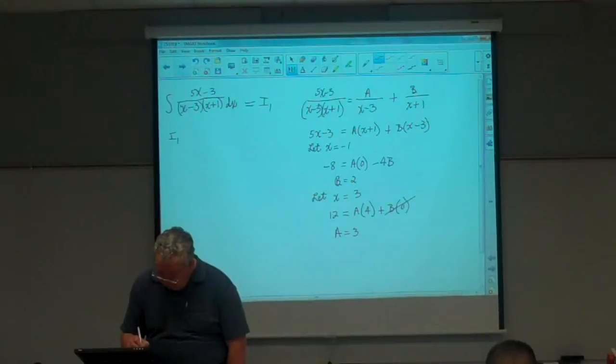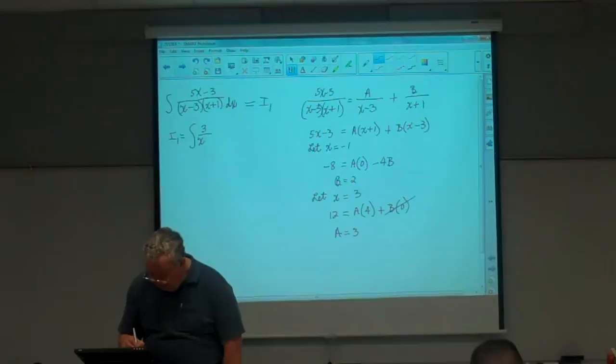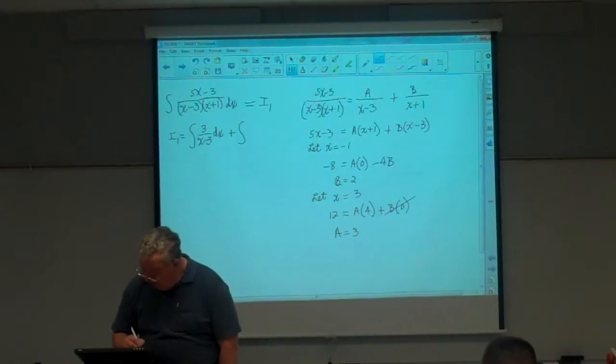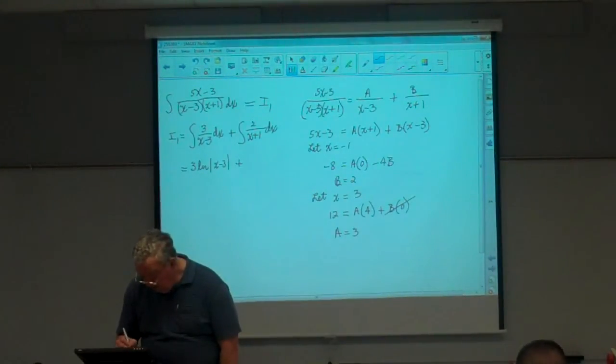I1 is equal to the integral of 3 over x minus 3 dx plus the integral of 2 over x plus 1 dx, which is 3 log |x minus 3| plus 2 log |x plus 1|.